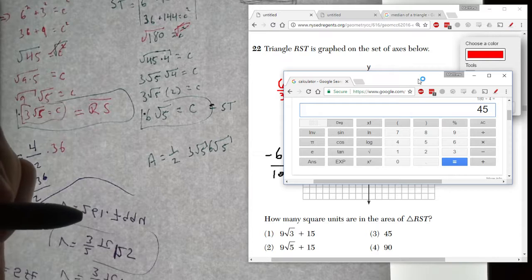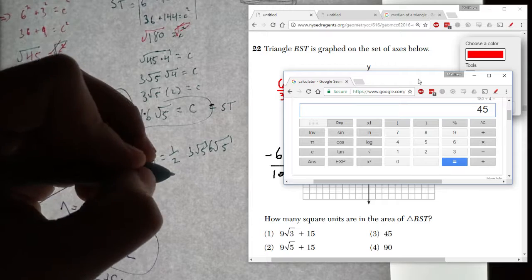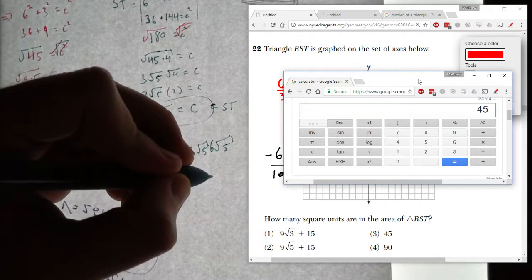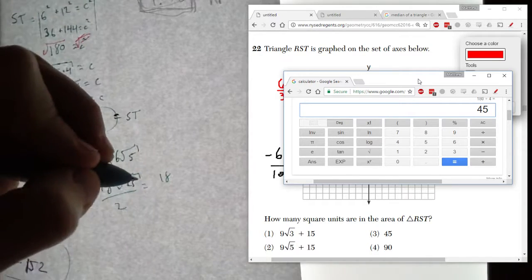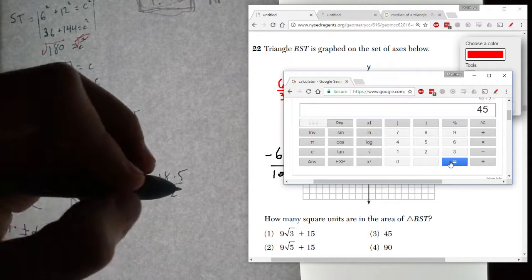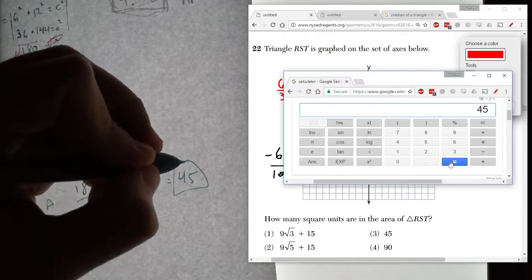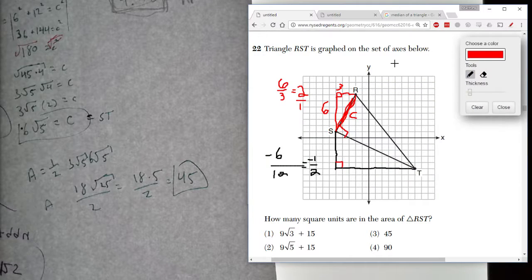This becomes 3 times 6, 18 root 25 over 2, which is 18 times 5 over 2. 18 times 5 divided by 2 is 45. Whew! And that is the answer I have. Number 22, the answer is 45.